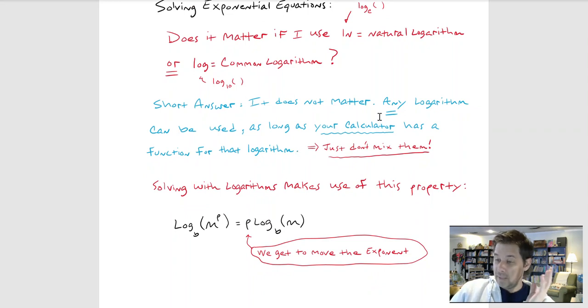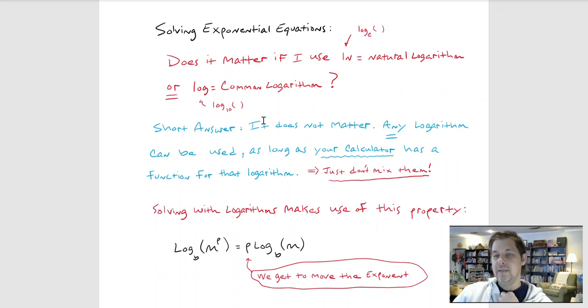What the logarithm allows us to do is use a calculator to get the ultimate answer. So you can use any logarithm that your calculator has the capability of calculating. A scientific calculator typically can do natural logarithms and common logarithms, so that's why those are the ones we typically use.